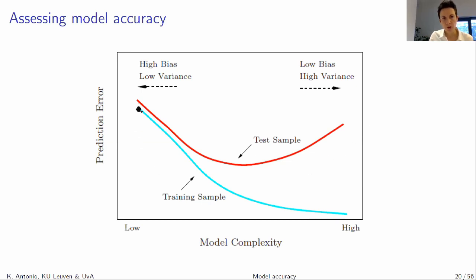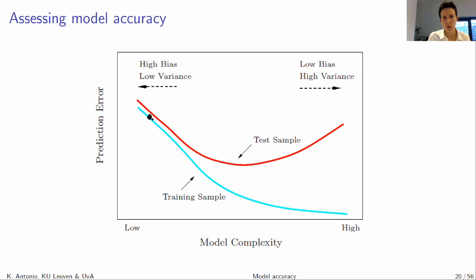If we look at the training data in blue, we see that we are able to push this prediction error, evaluated on the training data, to 0 if we build more and more complex models, because that means you've got the data. If you start building more and more complex models, in the end you could just interpolate your data. You can just reproduce the given training data. So you will always be able to push this error evaluated on the training data to 0.